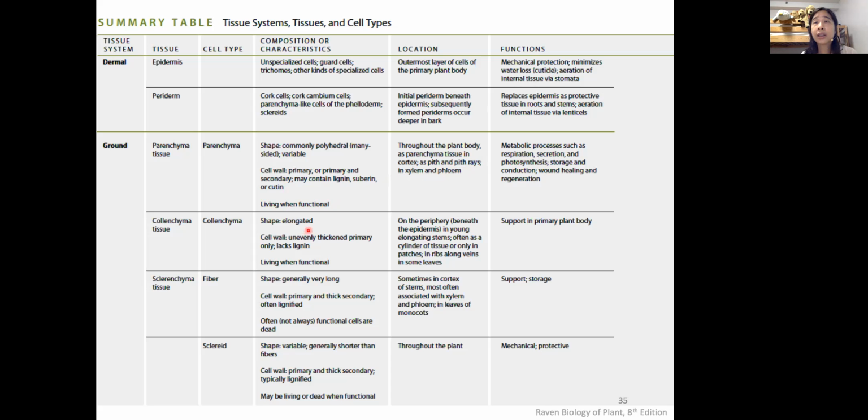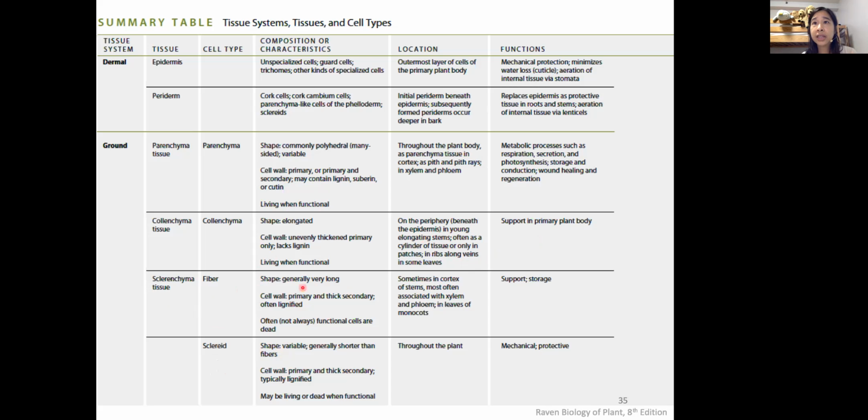Collenchyma is elongated, with unevenly thick primary cell wall, does not have lignin, and is living when it functions. Location is on the periphery in the young elongated stem, often as a cylinder of tissue or only in patches in the rib or along veins in some leaves, and it supports the primary plant body. For sclerenchyma tissue, you have two types of cell type, fiber and sclereid. Both types of sclerenchyma always have a thick secondary cell wall.